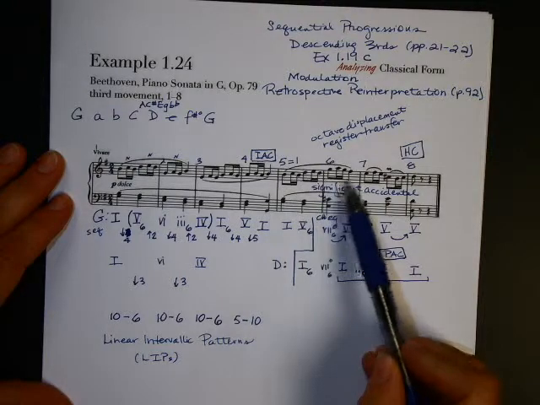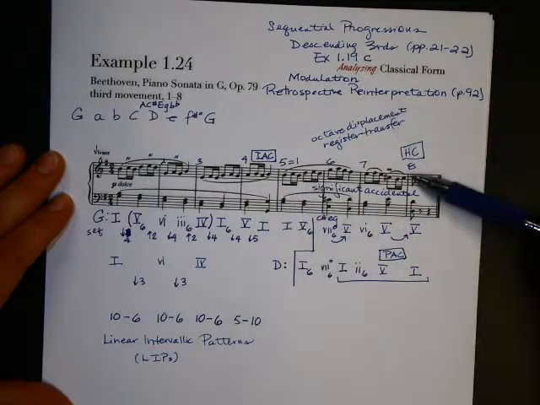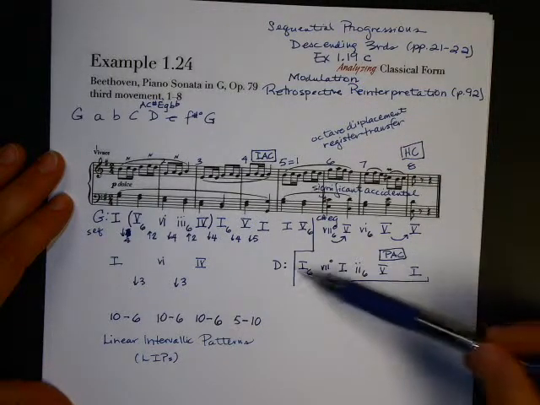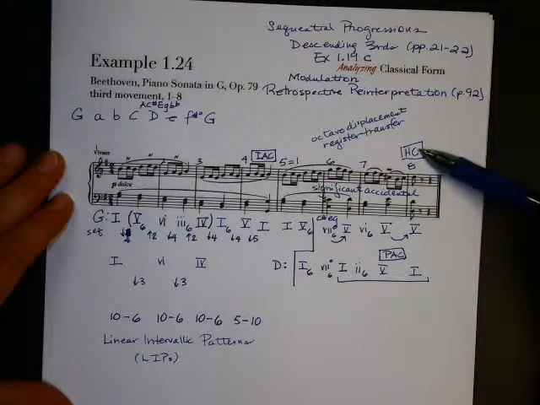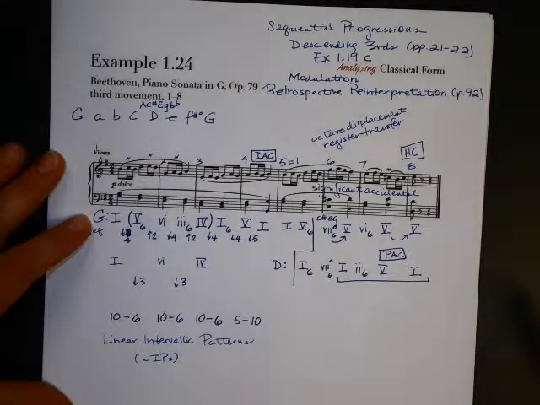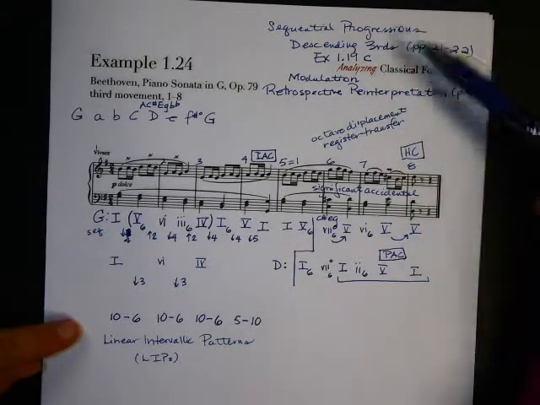And then we looked at retrospective reinterpretation of the perfect authentic cadence in the dominant as being a half cadence in terms of our tonic G major. We also studied the sequential progression of descending thirds as a linear intervallic pattern.